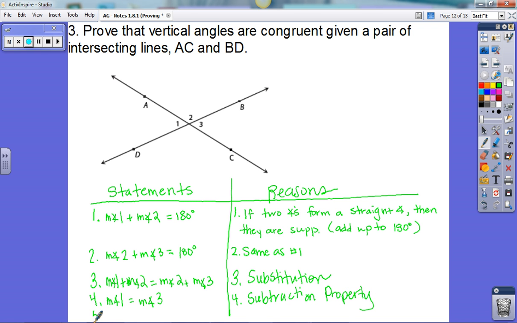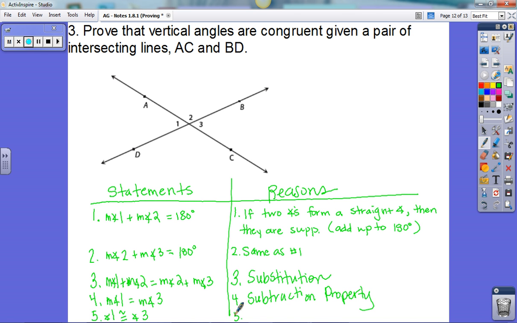And lastly, I know this is sort of repeating myself, but angle 1 then is congruent to angle 3. So basically here we're just saying their measures are equal, so we're being specific and saying they're congruent.